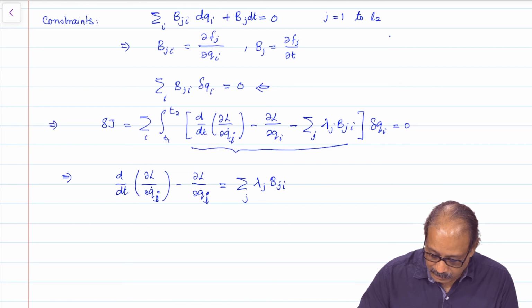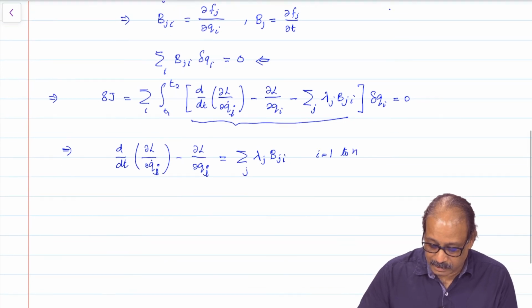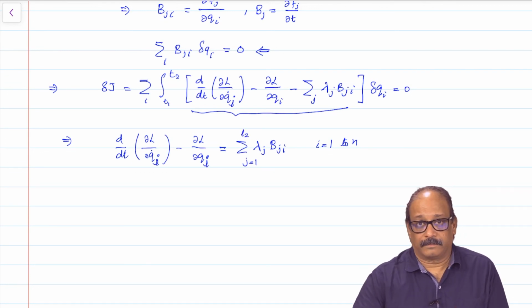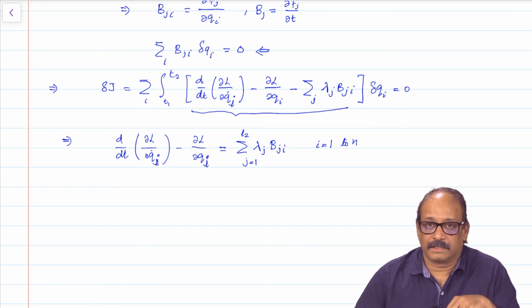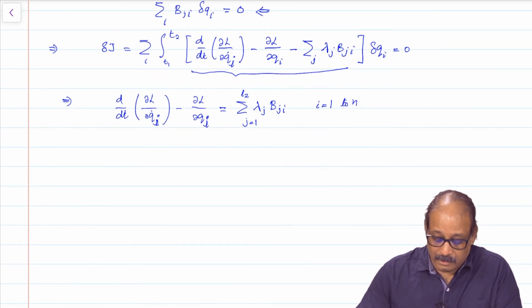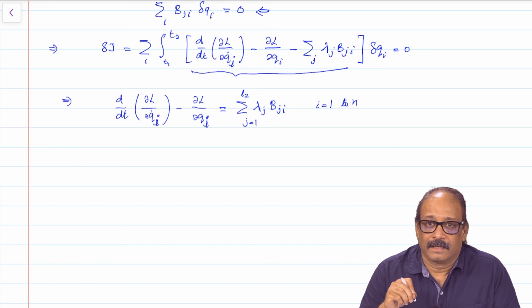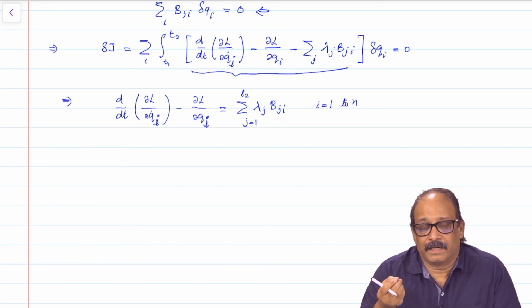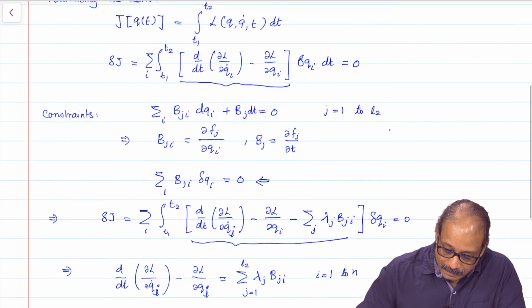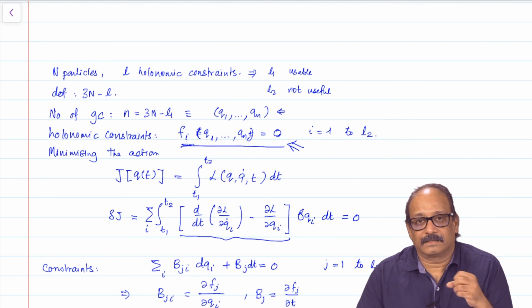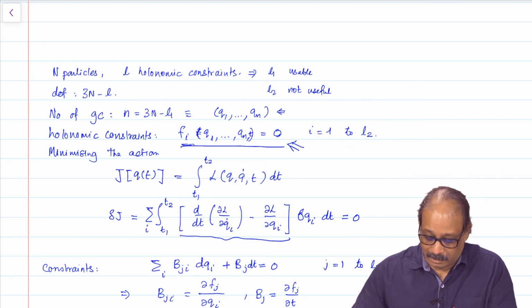And remember i goes from 1 to n, so there are n equations in this, and this j of course goes from 1 to L2. So, we solve these equations and we get q's in terms of undetermined lambdas. How do I determine those lambdas? I go back to the constraint equations there. If you go back to your constraint equations, you can of course immediately calculate the lambdas.